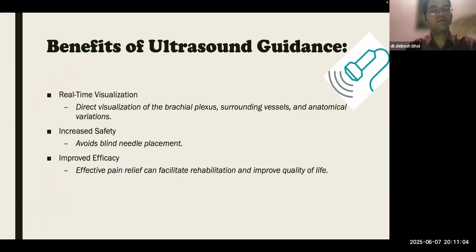Ultrasound has the upper hand because you are able to identify vessels and anatomical variations. You are not depending only on bony landmarks. It increases safety because you can avoid blind needle placement. And if your placement is good, the patient will have effective pain relief, so rehabilitation and quality of life will be better.